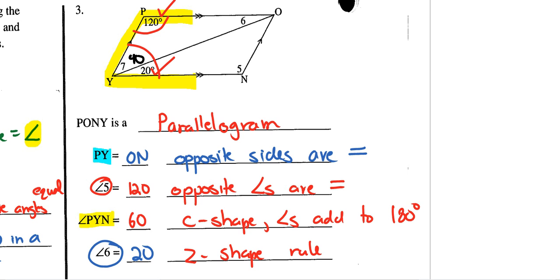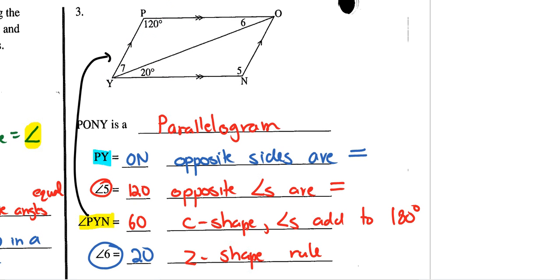All right. So I know this entire angle right here has to add up to 60 degrees because that was one of the previous problems, right? So if the whole angle has to add up to 60 degrees, then we know that angle 7 has to be 40 degrees because 40 plus 20 equals 60. And if this is 60 and that's 120, then both those angles add up to 180 degrees.